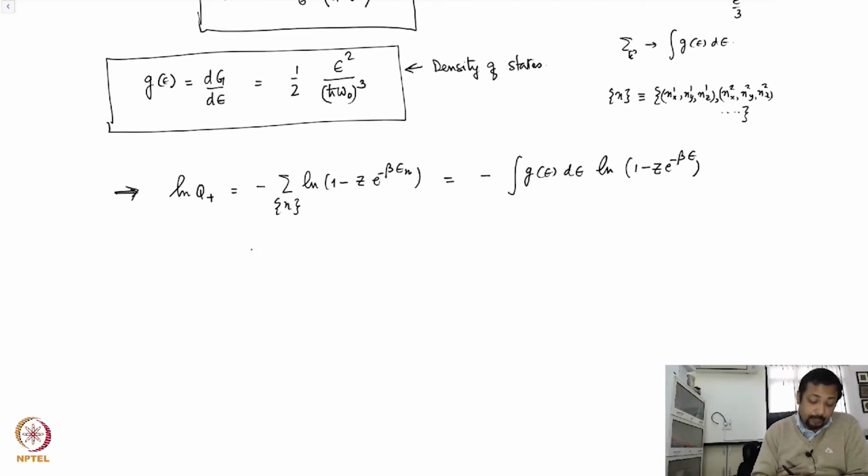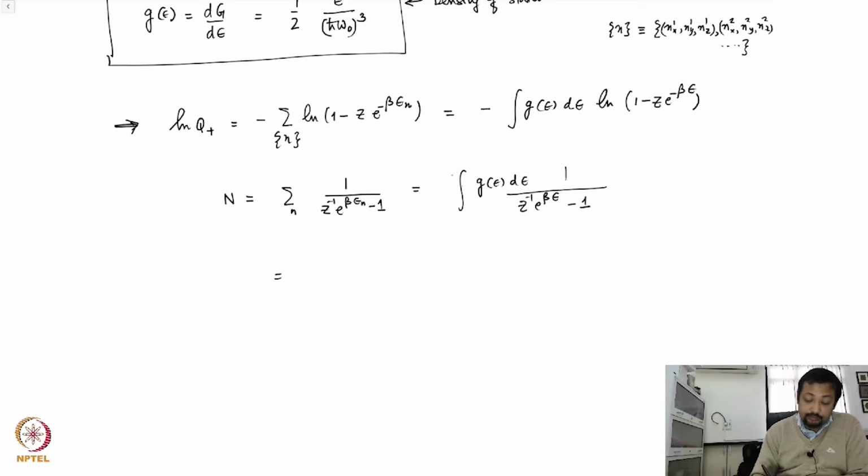For the critical temperature for the Bose-Einstein condensate to appear in such a system, I need the total particle number, and that total particle number is given by the sum over n of 1 over (z⁻¹ e^(βε) − 1), and this is going to be the integral g(ε) dε 1 over (z⁻¹ e^(βε) − 1).